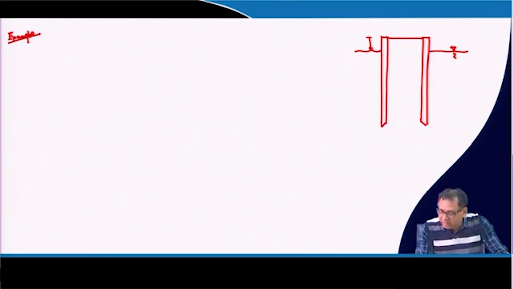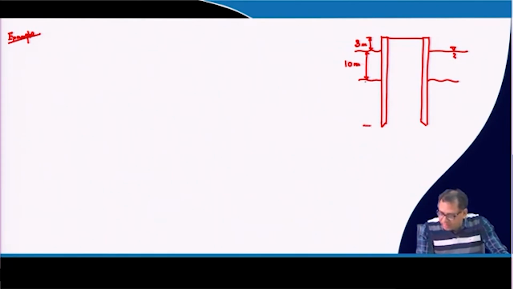The height of the well above the HFL is 3 meter. And then this one is the scour depth, and the distance from the scour depth to HFL is 10 meter.